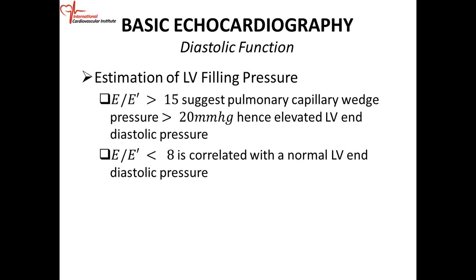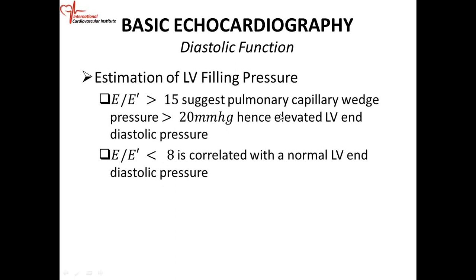It's not always very accurate, but it's one of the best that we have. Okay, so again, the femoral vein, inferior vena cava, you enter the right atrium, go across the tricuspid valve, the RV, pulmonary trunk, one of the branches of the pulmonary artery, you're going to wedge it.